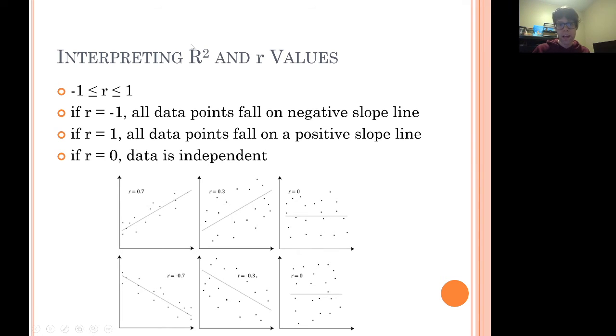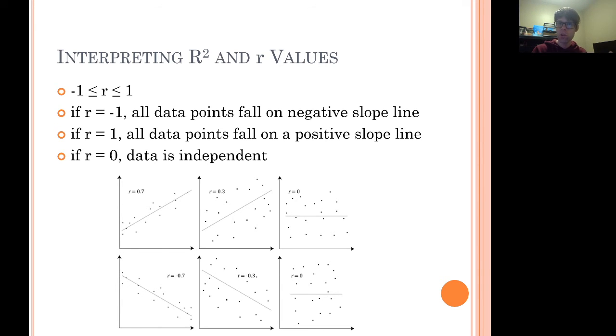So hopefully you can see that illustrated here. As I start with 0 and start moving up towards +1, I start to see a stronger kind of positive relationship. Whereas if I start at 0 and start moving towards -1, I start to see a stronger negative relationship.